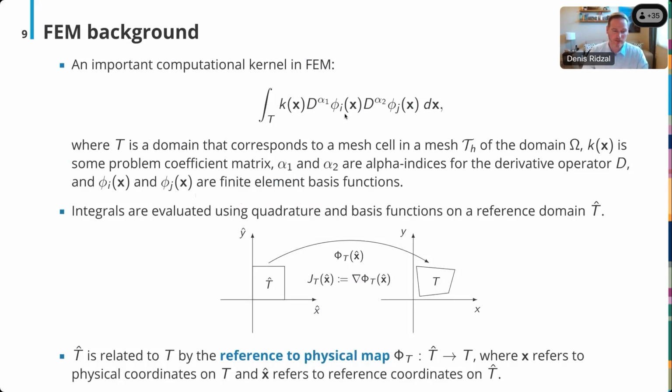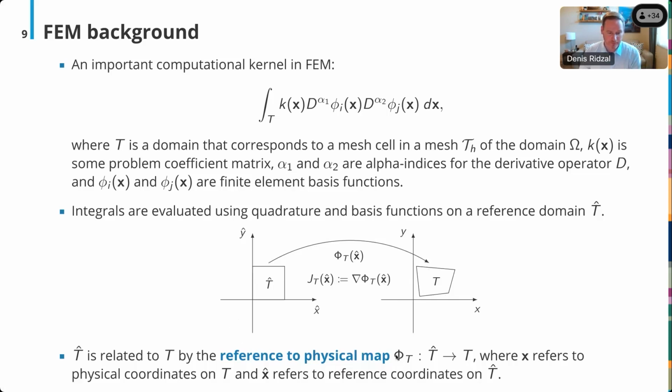How do we evaluate integrals? Well, we use quadrature and basis functions on reference domain, T hat. And so we have a mapping between a reference domain T hat here and our physical domain, physical cell T. And it's described by this function here. And then, of course, there's a Jacobian of this.